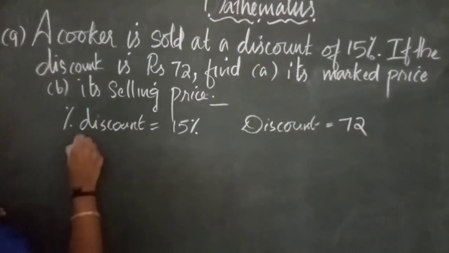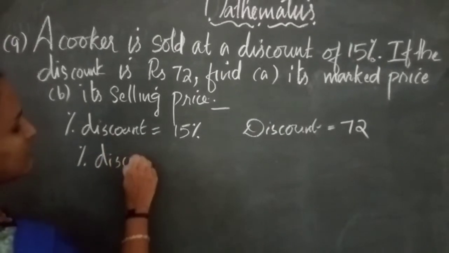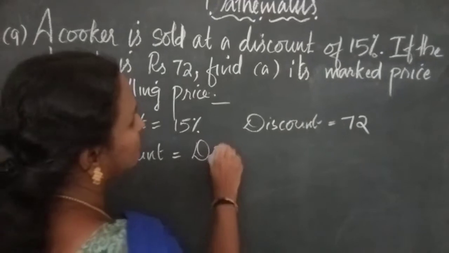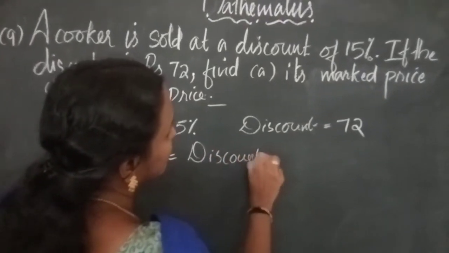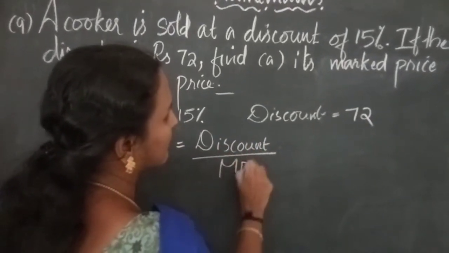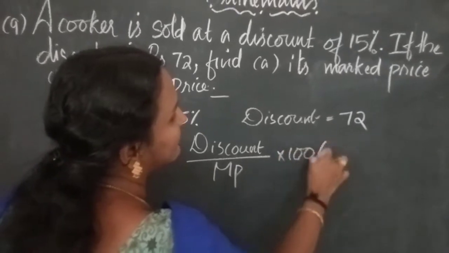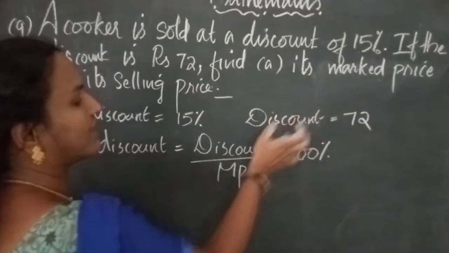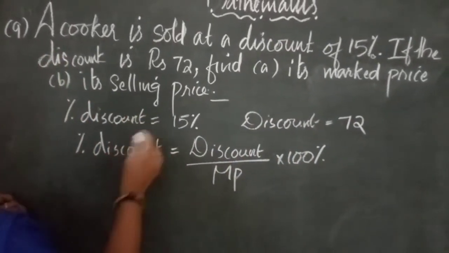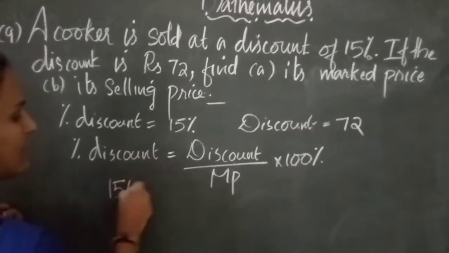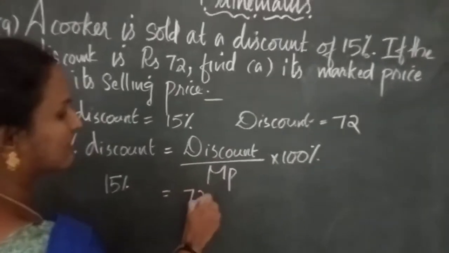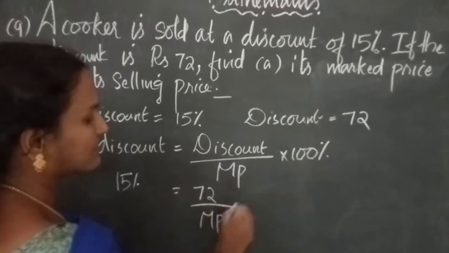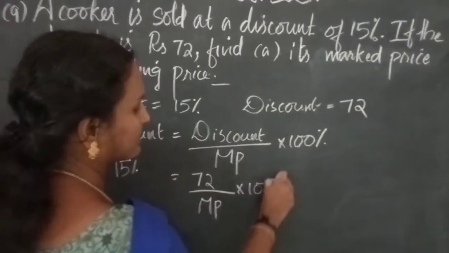So percentage discount is equal to discount by market price into 100%. Substituting the value of percentage discount and discount in this equation, percentage discount 15% is equal to discount 72 by market price, which we don't know, into 100%.